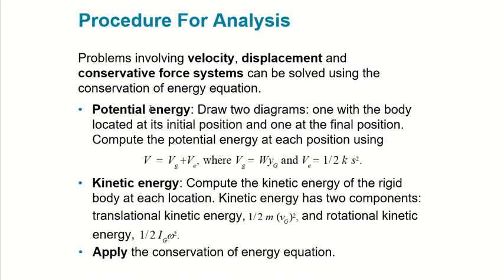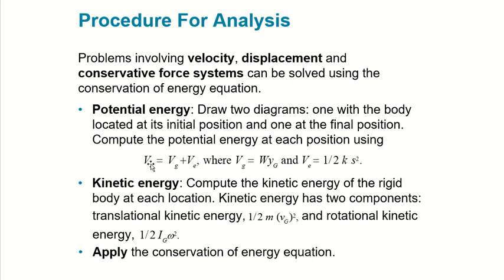Procedure of analysis, not just for reading, but it's always the same. If you have velocity and displacement in conservative force systems, we start with the potential energy, find it, and use this equation. Kinetic energy, use that equation, and then of course you apply the conservation of energy equation. Kinetic energy is again 1/2 m v squared, translational with a regular v, and rotational with the angular velocity omega.